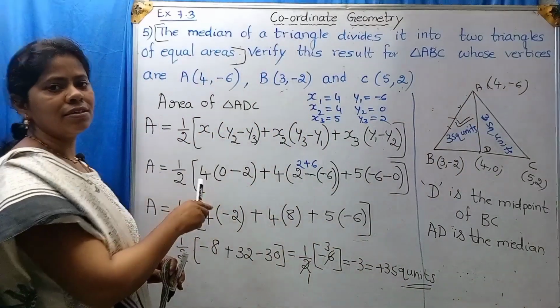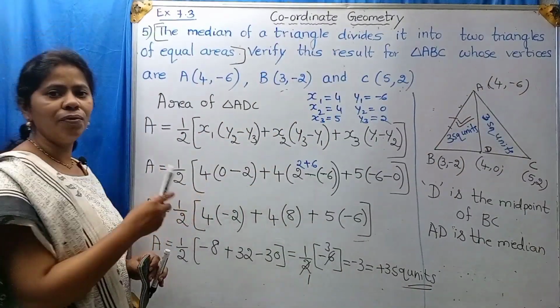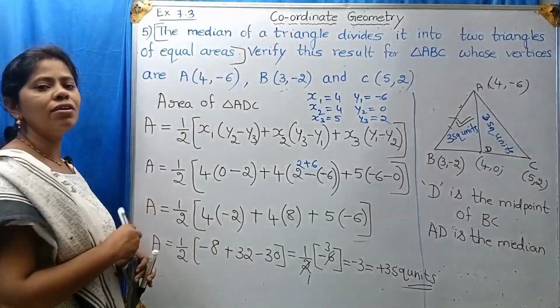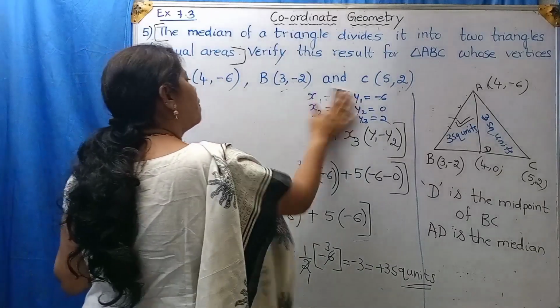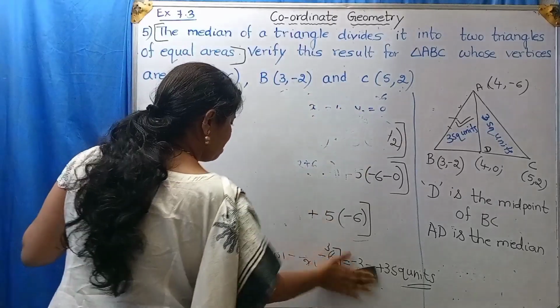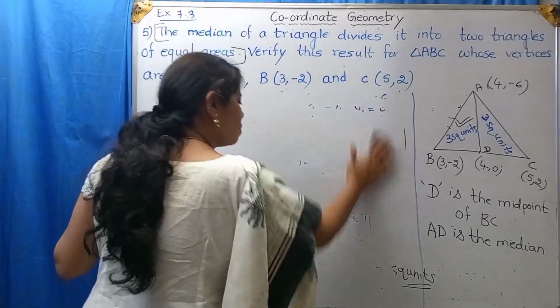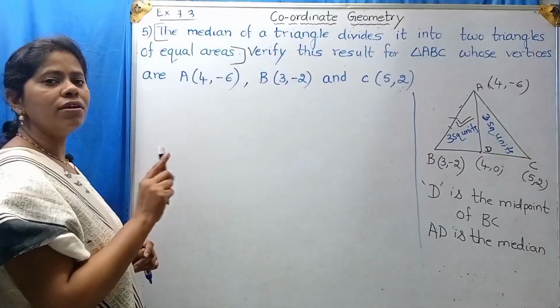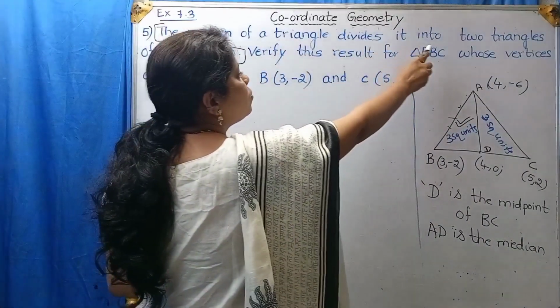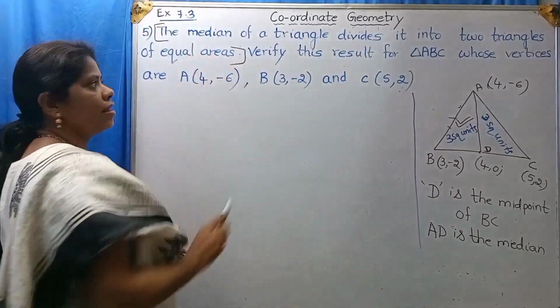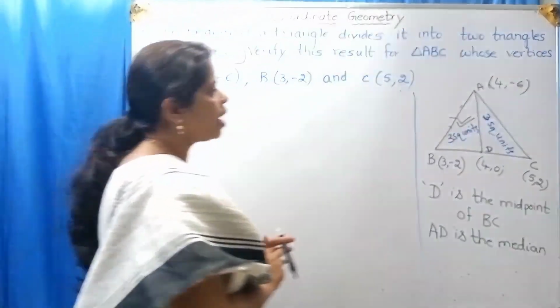We have proved this. Let me explain how. Okay? I am going to rub this. You can copy down. In the question, what did they tell us to prove? The median of a triangle divides it into two triangles of equal areas, isn't it? Now look at this.